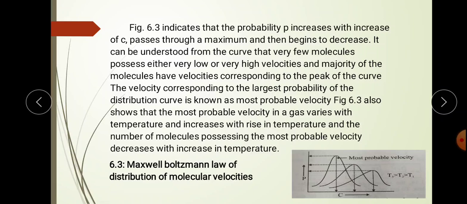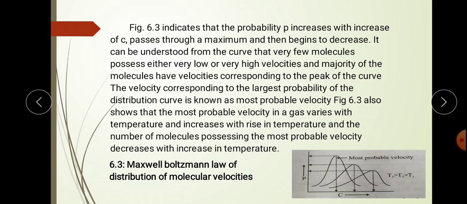This figure also shows that the most probable velocity in a gas varies with the temperature and increases with a rise in temperature. So when there is an increase in temperature, the most probable velocity increases. The velocity value is directly related to the increase in temperature.